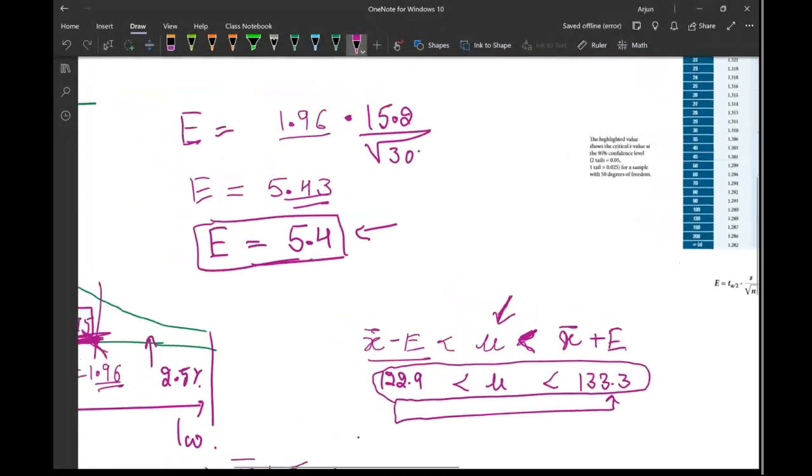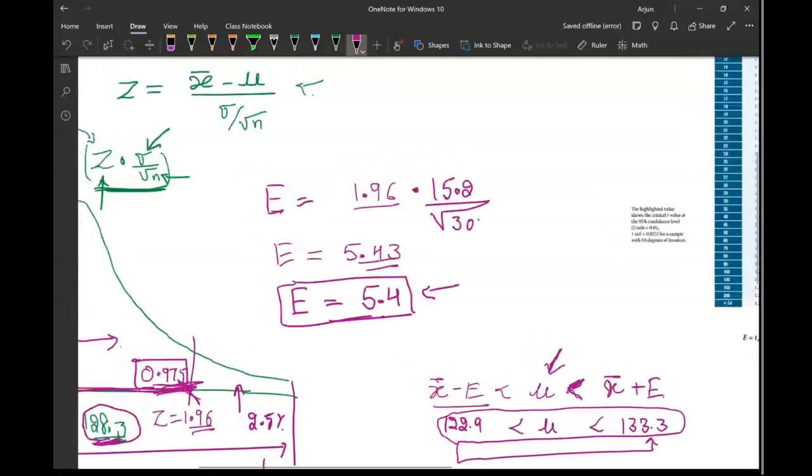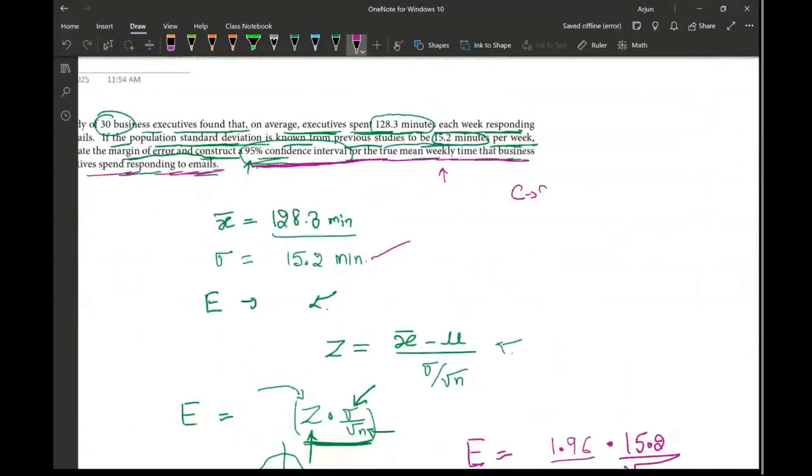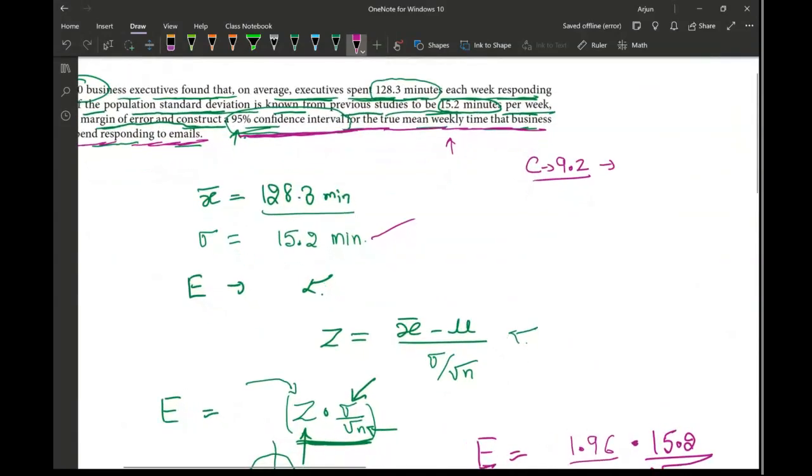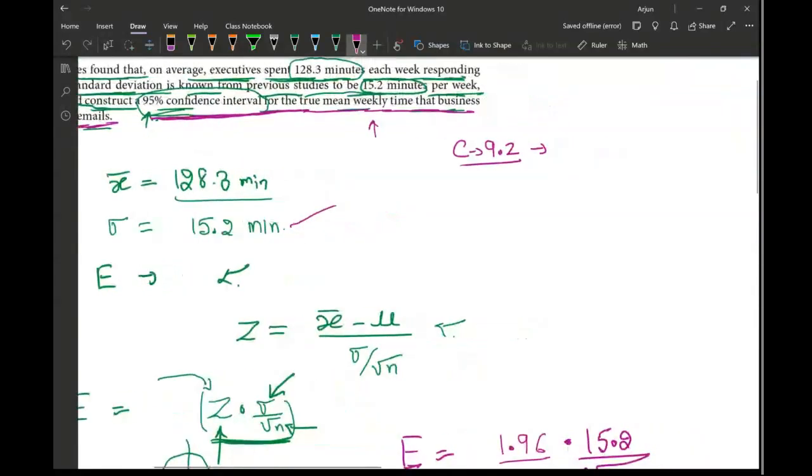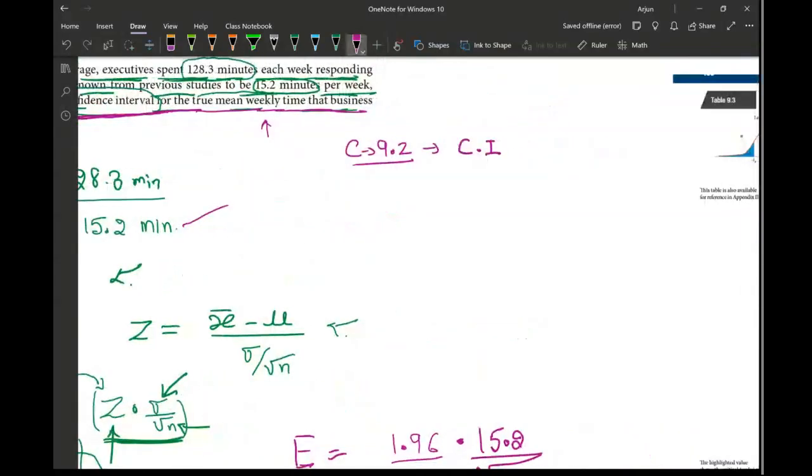Now, when you are solving these questions, especially from chapter 9.2, look at it carefully. One thing you will find in the chapter definition also, that this is creating the confidence interval when the standard deviation of the population is known.